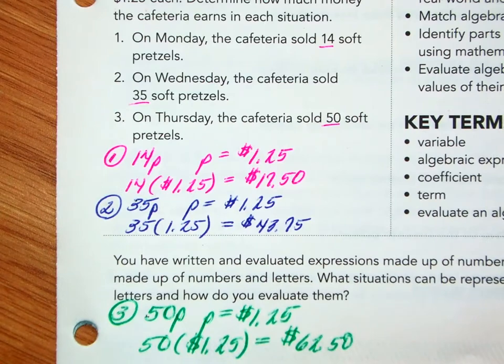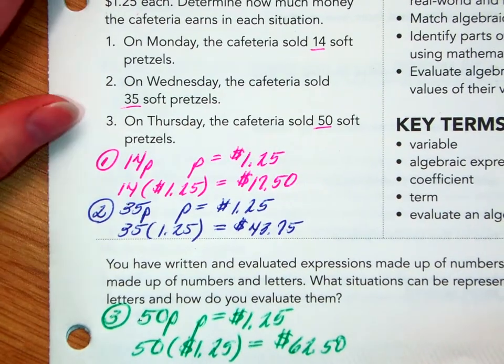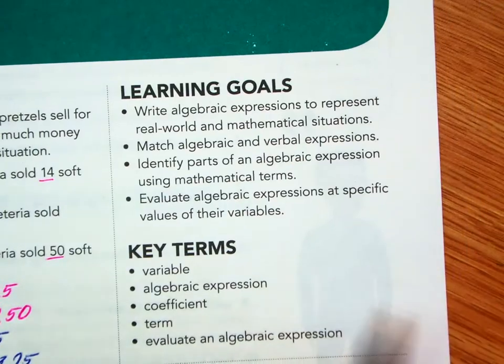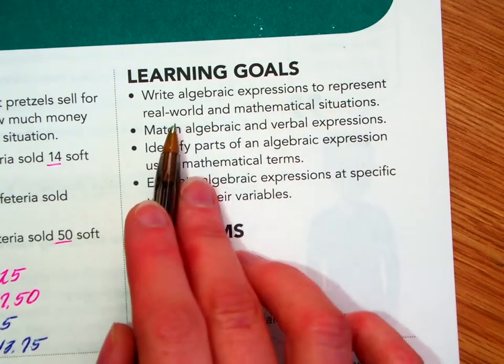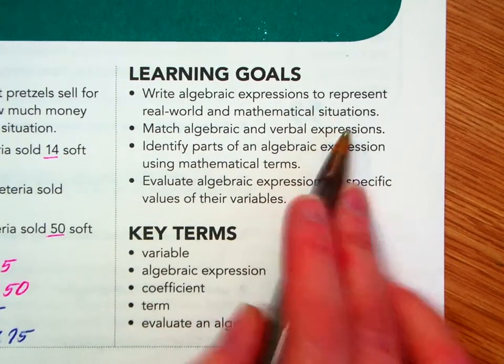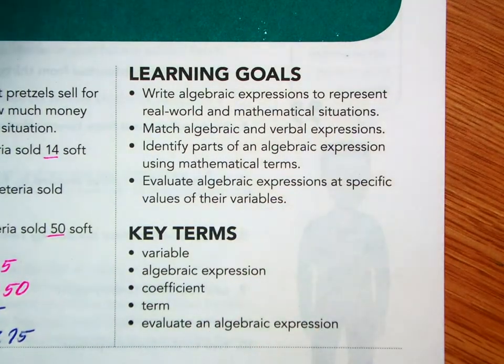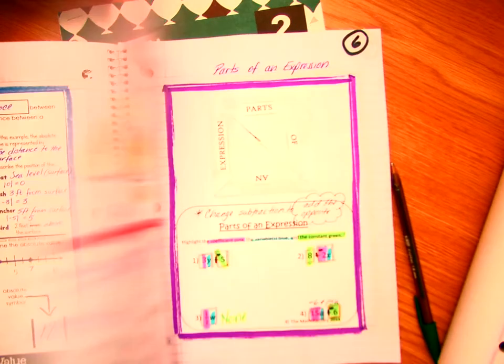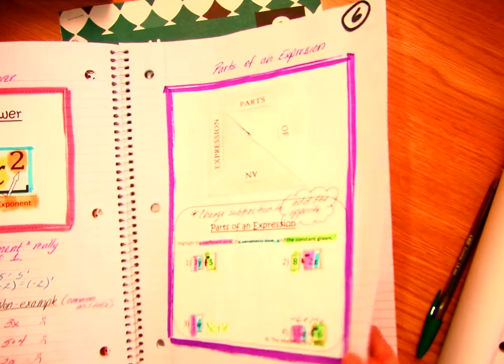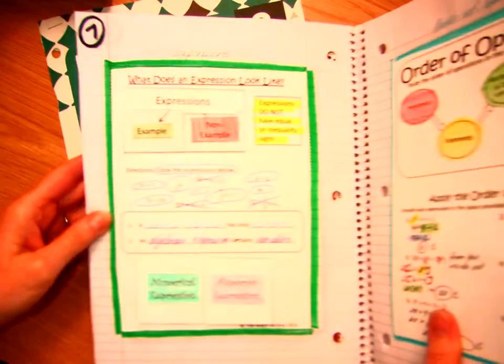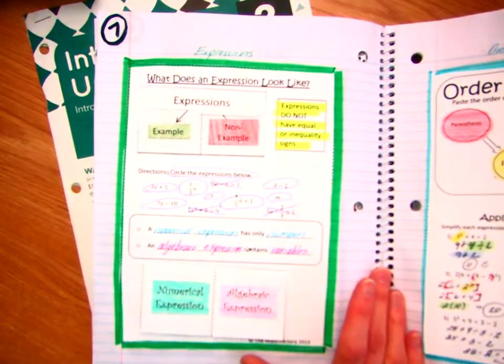Let's look at the learning goals and key terms before we pause this video. Learning goals. Write algebraic expressions to represent real-world and mathematical situations. You might recall that we do have algebraic expressions in our interactive notebook, page 7 for quarter 4.